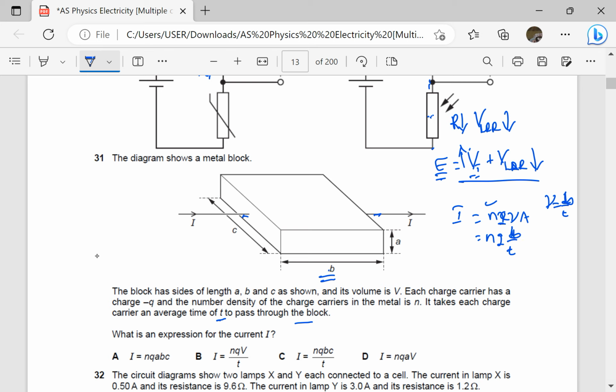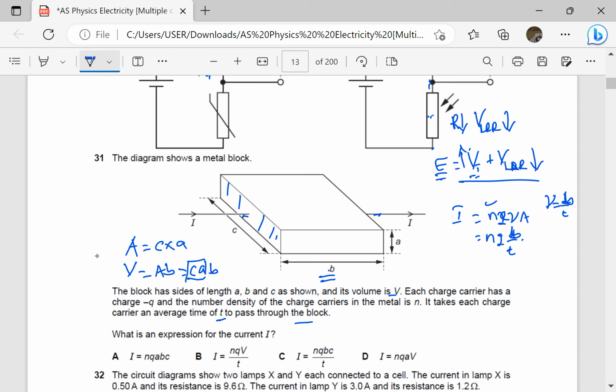Then cross-sectional area. They have given us the volume V, and we don't have A in that expression. The cross-sectional area is going to be this one here, C times A. The volume is going to be cross-sectional area times another length, which is B. So volume is CA times B. So CA alone is cross-sectional area.